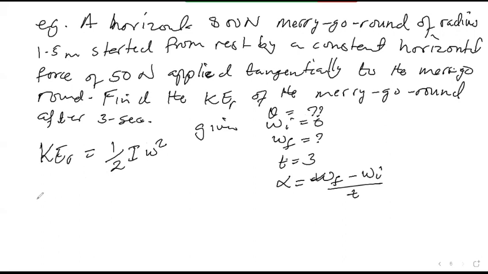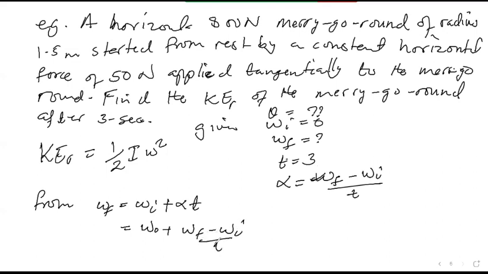We can consider using omega final is equal to omega initial plus angular acceleration times time, so that omega final is equal to omega initial plus omega final minus omega initial divided by time, multiplied by time.